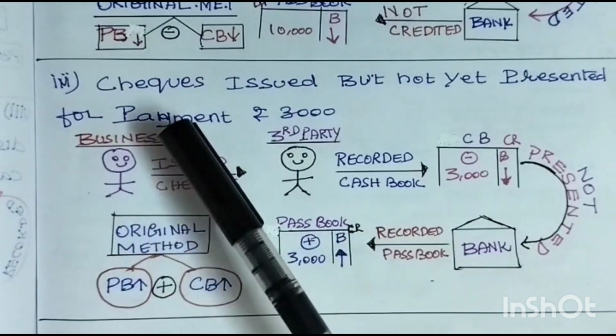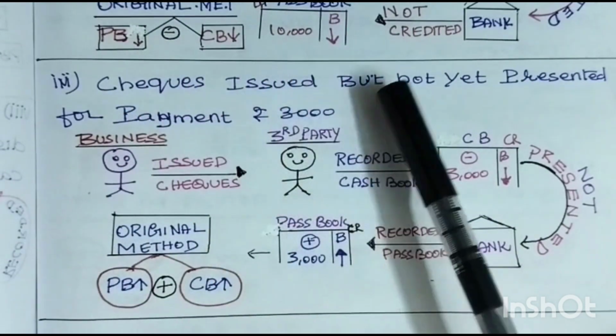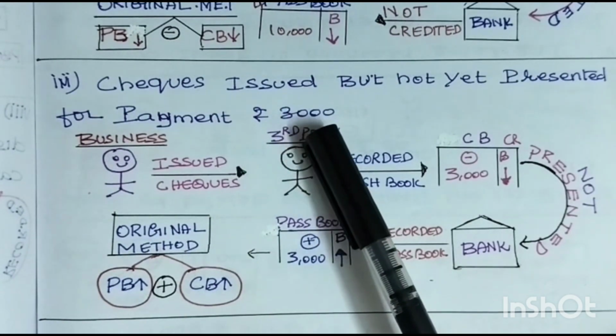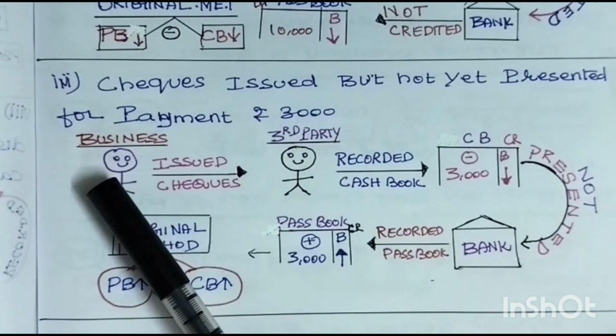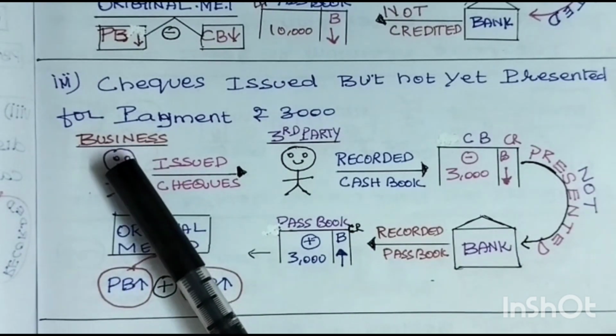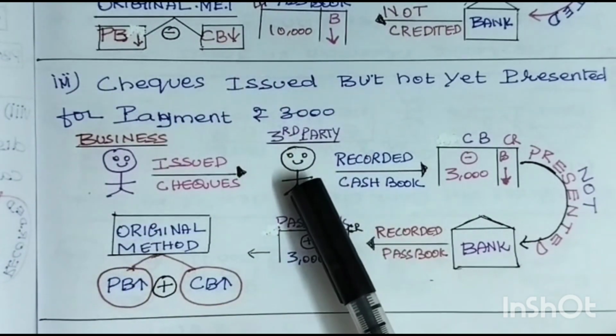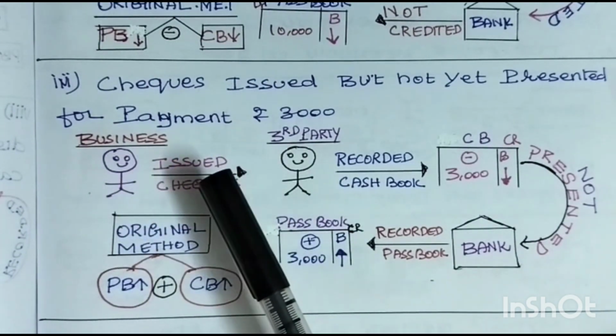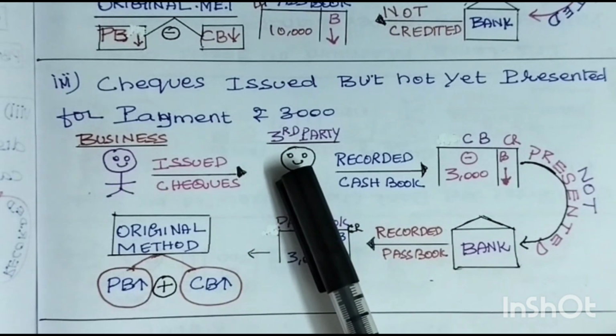The next transaction is cheques issued but not yet presented for payment, 3,000 rupees. Okay. Listen here. Imagine yourself, you run the business. You issued the cheque to the third party. Issued cheque means you made payment through cheque to the third party.